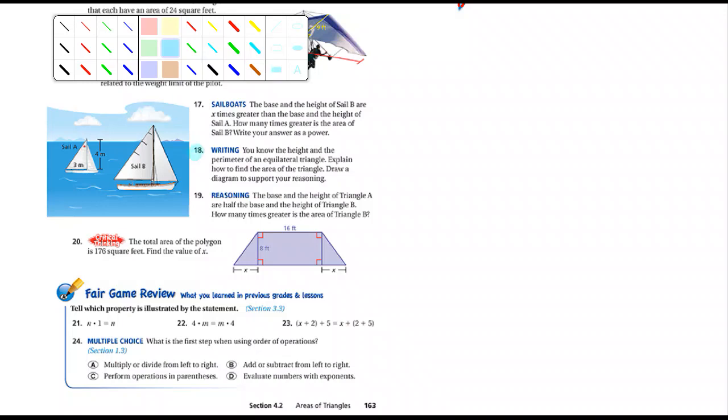Give it a shot. I want you guys to think about it. They're talking about an equilateral triangle. Do you guys know what an equilateral triangle is? Anybody remember? So it's a triangle with all three sides having the same measurement. All right? Give that a shot.